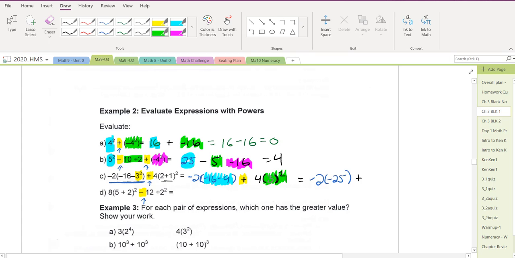So we still have that 4 up front. We have 4 times 9. I'm going to color code these things for you guys. And that came from the green. Just so you know where it came from. Okay. Now it becomes straightforward. Now this is like something you would look at in grade 8. -2 times -25 plus 4 times 9.